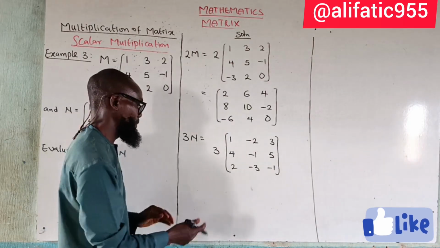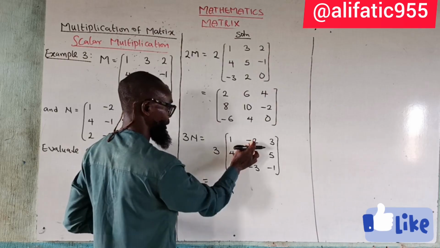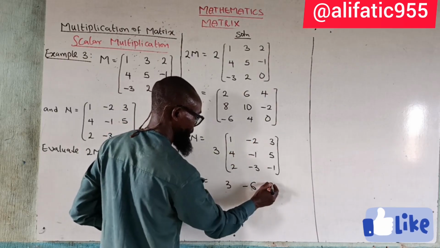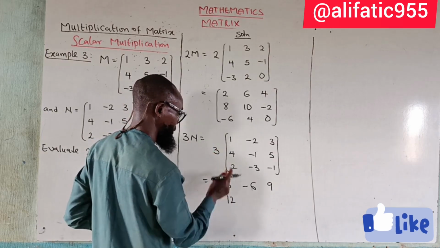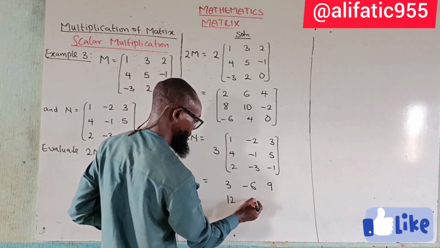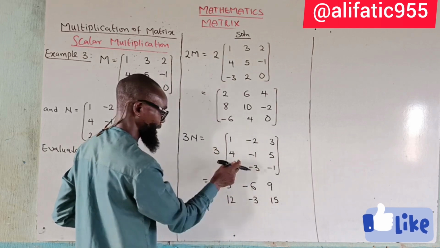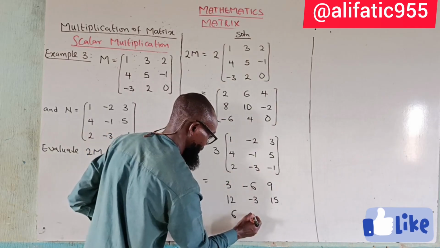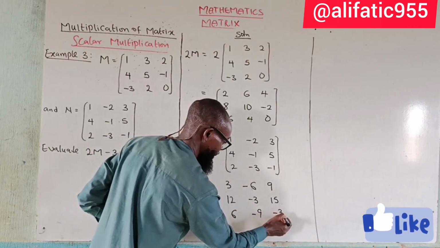Now let's multiply. 3 times 1, 3. 3 times minus 2, minus 6. 3 times 3, 9. 3 times 4, 12. 3 times minus 1, minus 3. 3 times 5, 15. 3 times 2, 6. 3 times minus 3, minus 9. 3 times minus 1, minus 3.